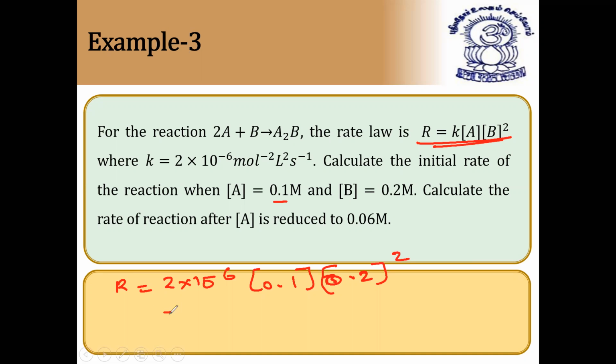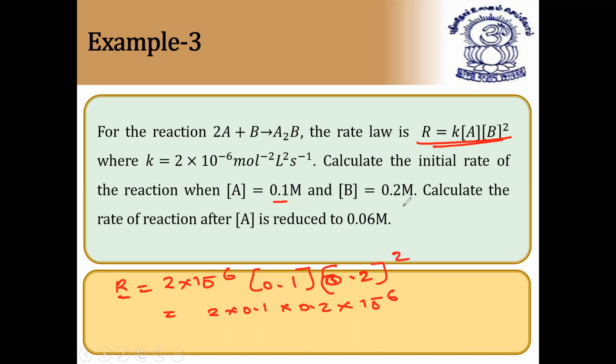So substituting, 2 into 0.1 into 0.2 into 10 to the power of minus 6. After calculating, you'll get the answer. This is the formula for finding R, because they have given R is equal to K into concentration of A into concentration of B whole to the power of 2.